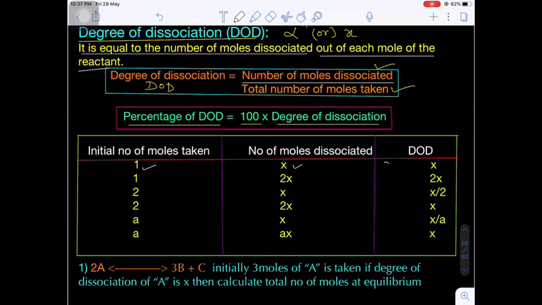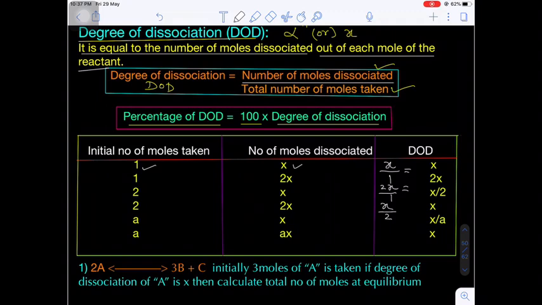So the degree of dissociation is the number of moles dissociated divided by the number of moles initially taken, that is X by 1, which is equal to X. In the second case, 2X moles dissociated out of 1 mole, so 2X by 1, that is 2X. In the third case, X mole dissociated but 2 moles were taken, so X by 2. Are you getting my point?